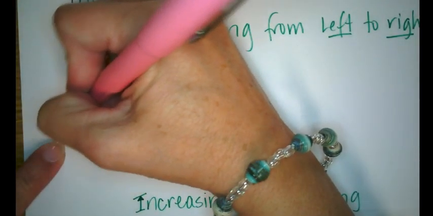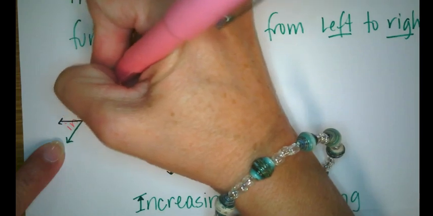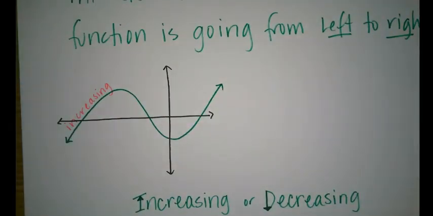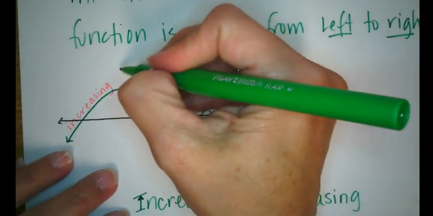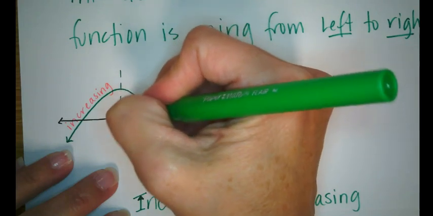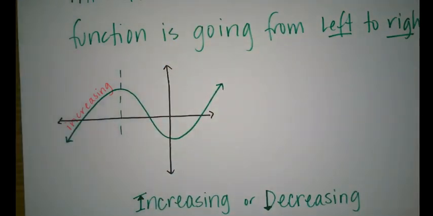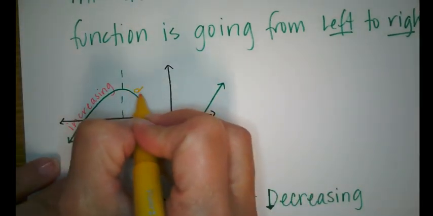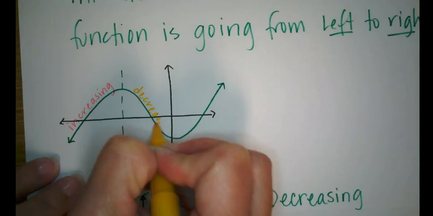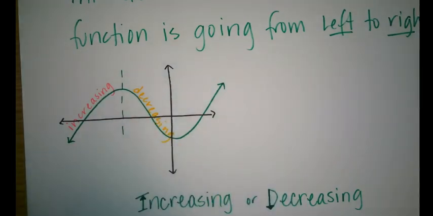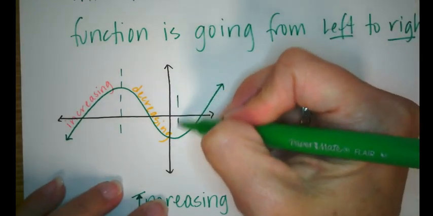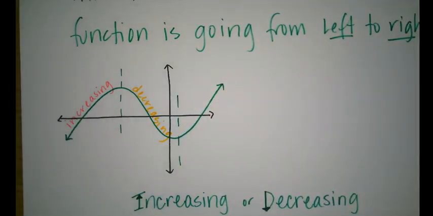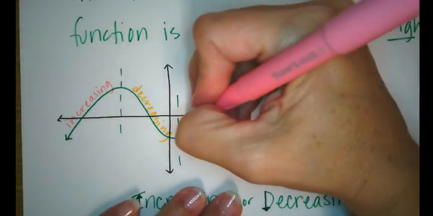Right here, this is increasing, and it increases up until somewhere right about here. And then the graph, or our roller coaster, is decreasing, and it continues to decrease maybe until right about there.